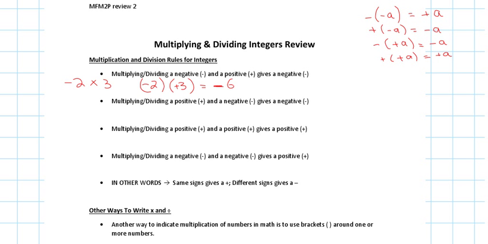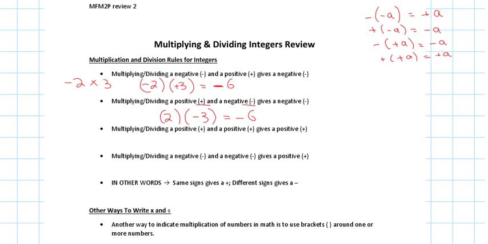Same if you multiply a positive and a negative. So let's say I have 2 times negative 3, right? I have a positive multiplied by a negative, guess what? It's going to be a negative. Okay? Are you guys okay with that?